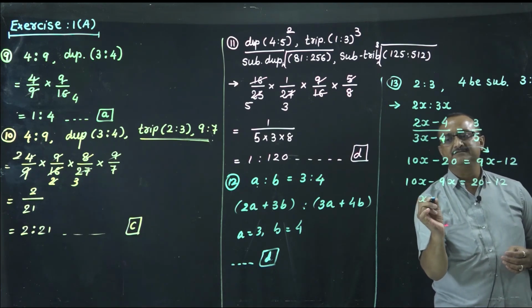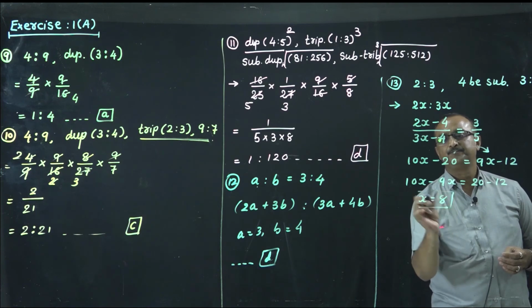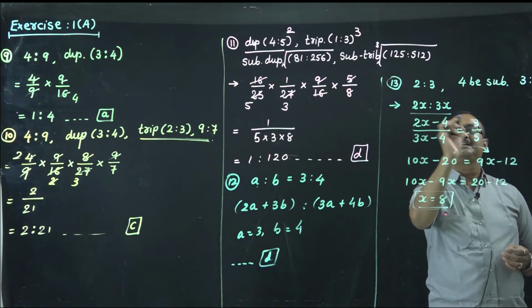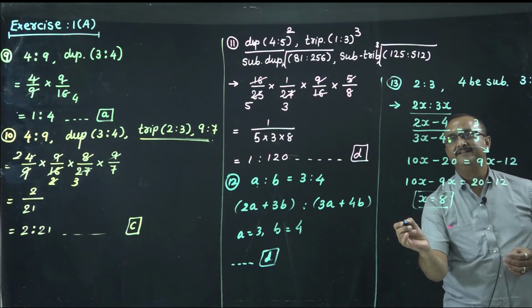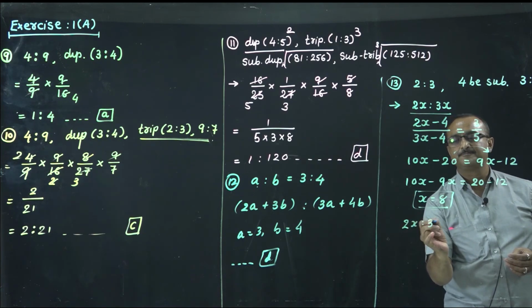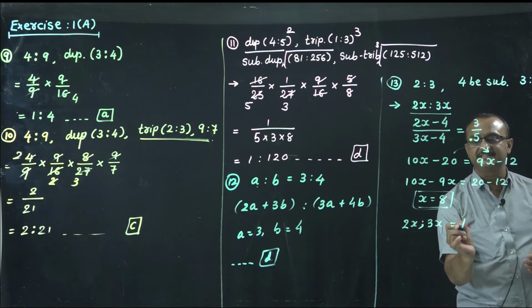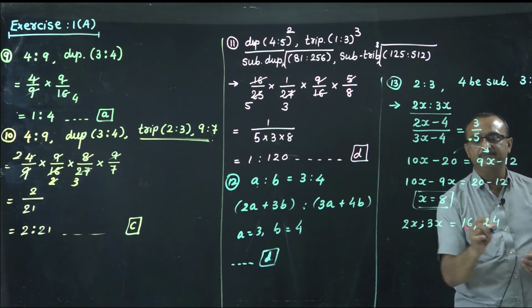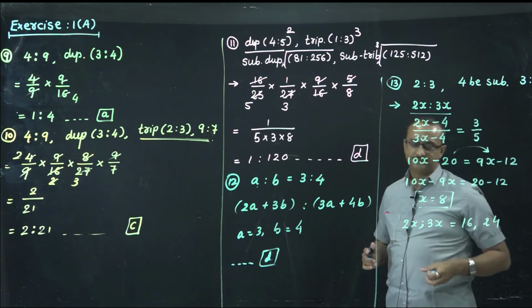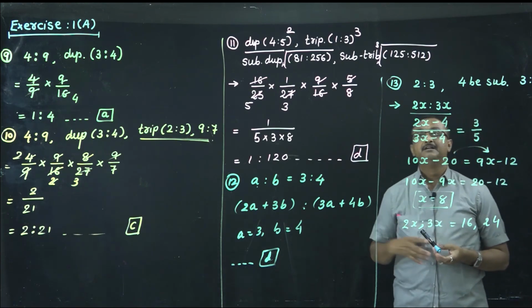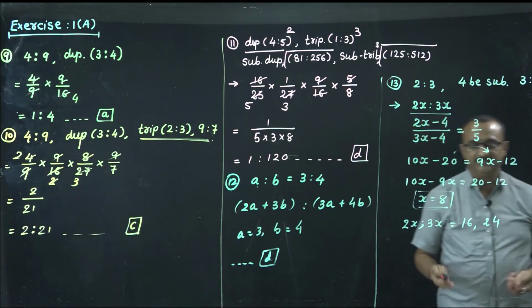So x is equal to 8. Our two numbers are 2x and 3x, which equals 8 2s are 16 and 24. This is the proper method of solving this example, but we are taking a shortcut here.